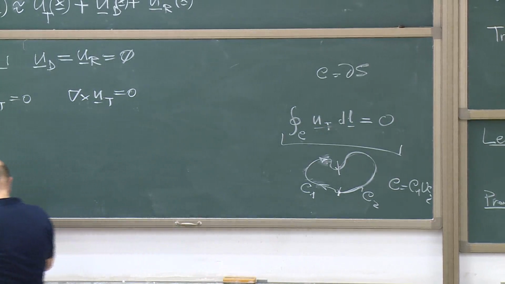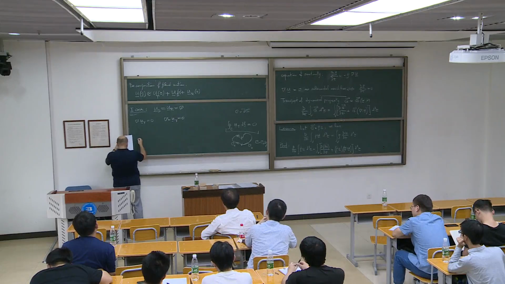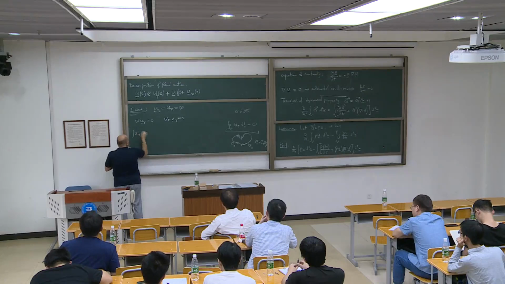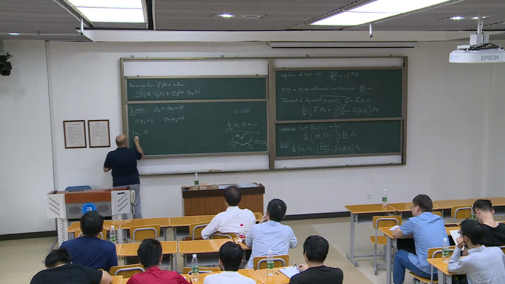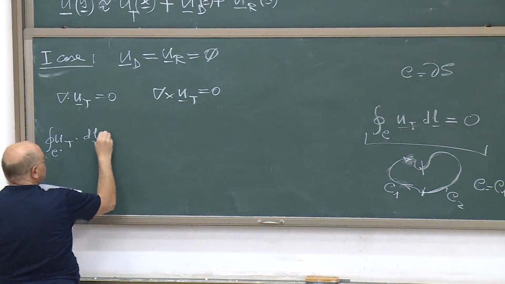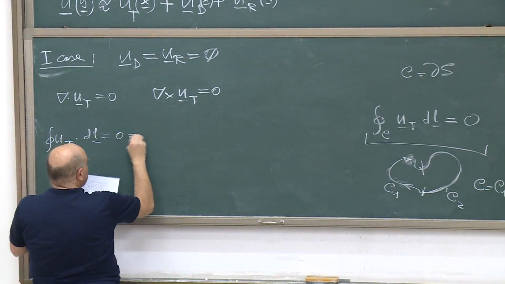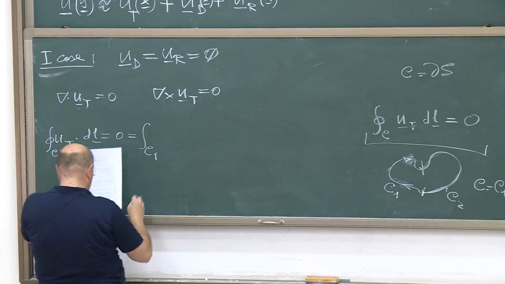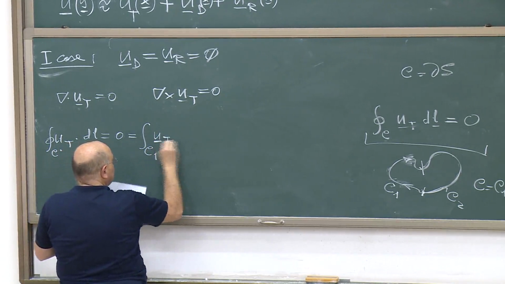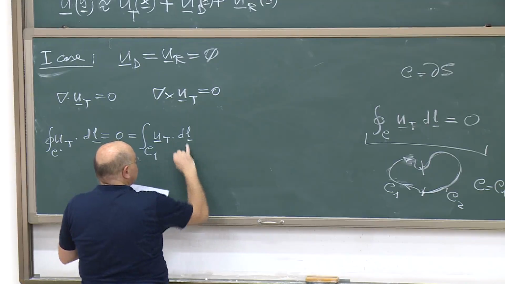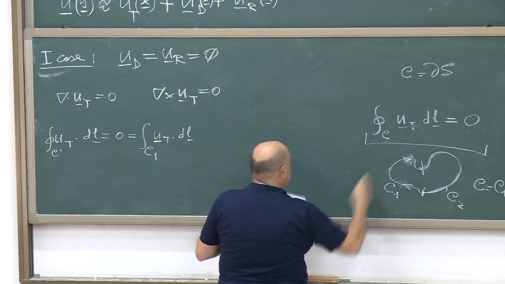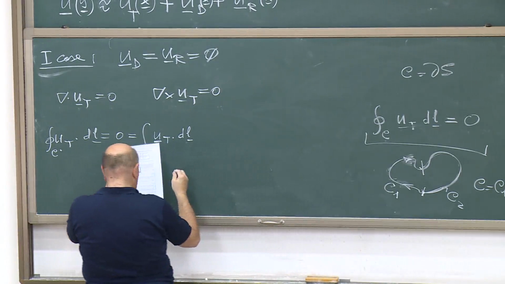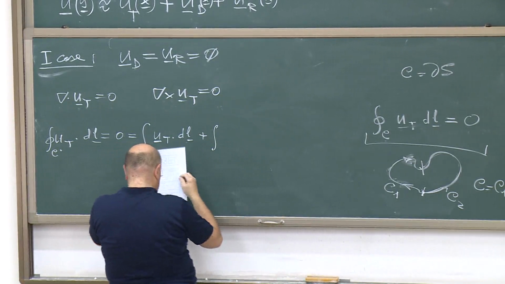Okay, so let me show you. It's just very simple. This is the integral of ut dl along C, just physics 1. And we know that this is 0. And this can be split into the integral along C1 of ut dl, where dl is now the arc length along the curve, plus I take the other one.